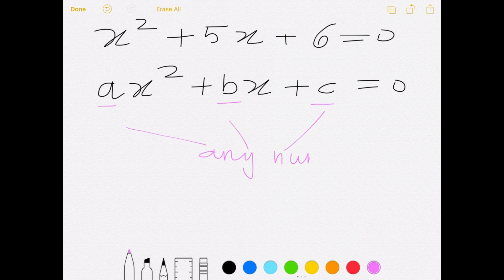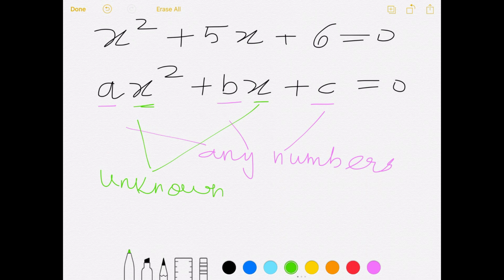That can be any number, positive, negative, and x is the variable that is unknown, the variable the value of which is not known, and c is also known as the constant, the value of which does not change. And a, b and c are also known as coefficients because they are with the x square and with the x.